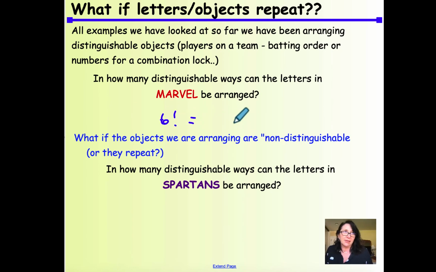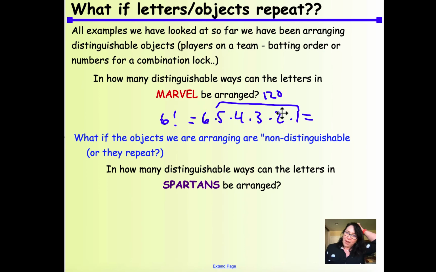That's going to give me 6 times 5 times 4 times 3 times 2 times 1. If you worked it all out, 5 times 4 times 3 times 2 times 1 is 120. So if I take 120 and multiply by 6, I get 720. So there are 720 ways that I could rearrange the letters of Marvel.